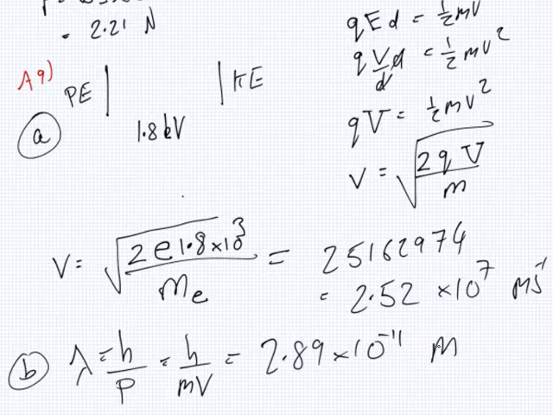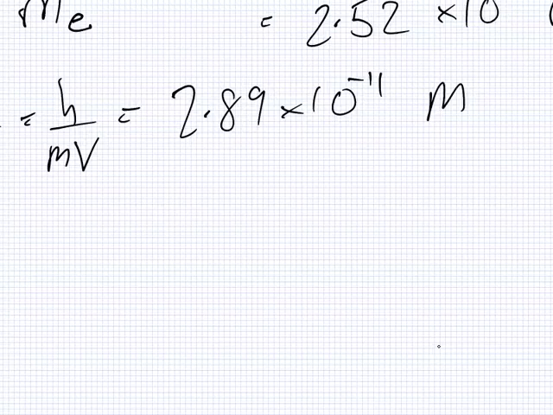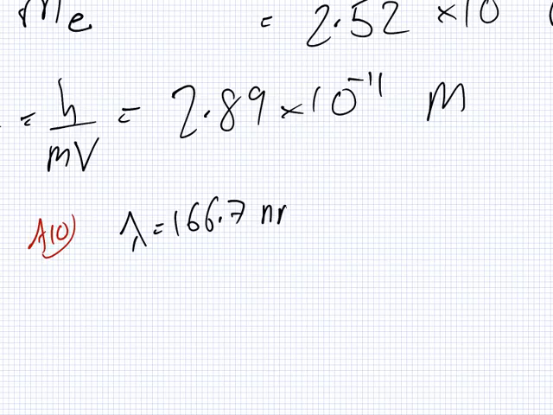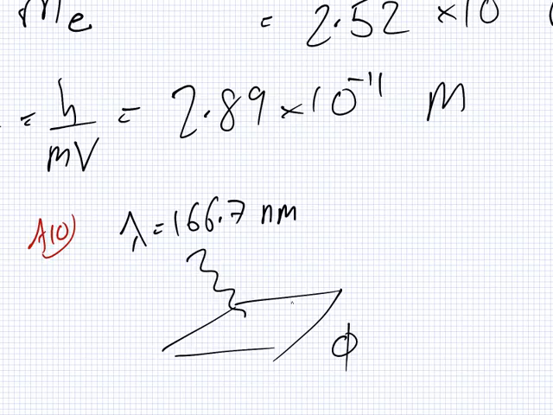Okay. A10. Ultraviolet light of wavelength 166.7 nanometers is shone onto a metal surface of work function we don't know. When the light comes in, an electron is released with a speed of 9.602 times 10 to the 5 meters per second.